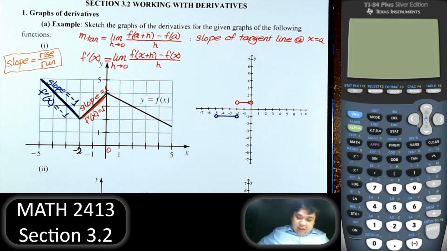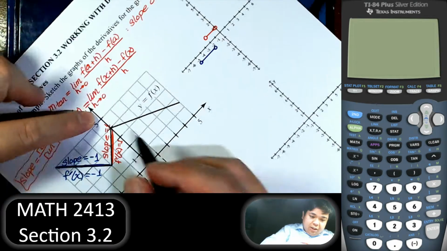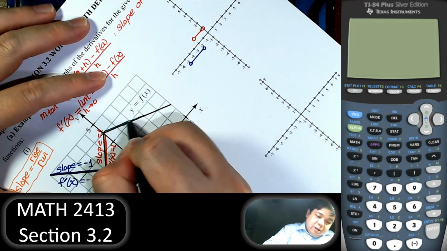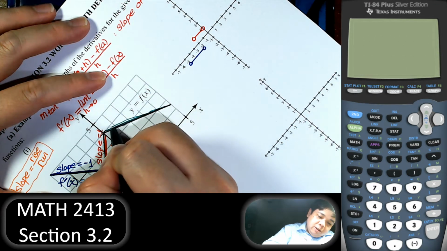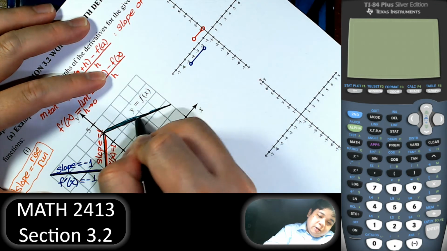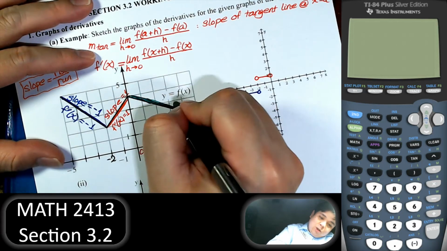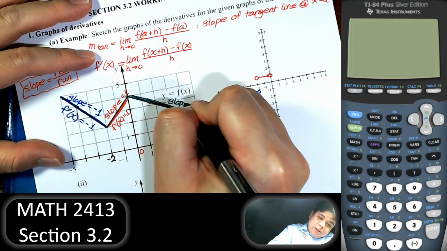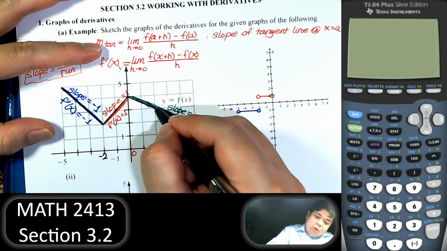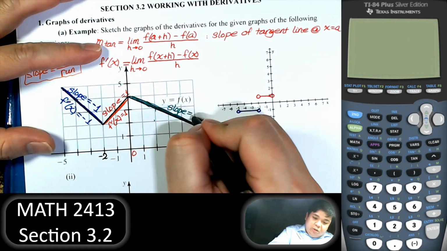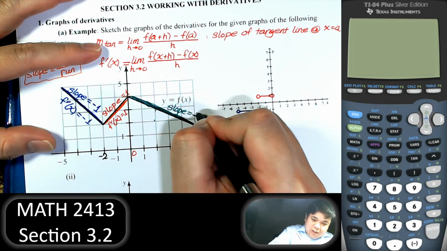And next, for that portion, the slope is rise over run, so we go down 1 and 2 units to the right. So -1/2.